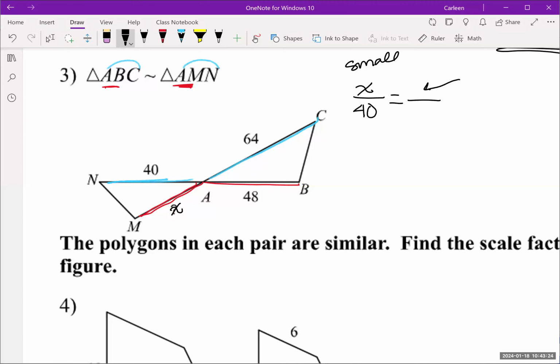What goes with the X? Yeah, see how it's the red? Does everyone see that 48 must go there? Oh, you're ahead of me. You're ahead of me. You're awesome, but you're ahead of me. Yeah. Do you see how I went red to blue?